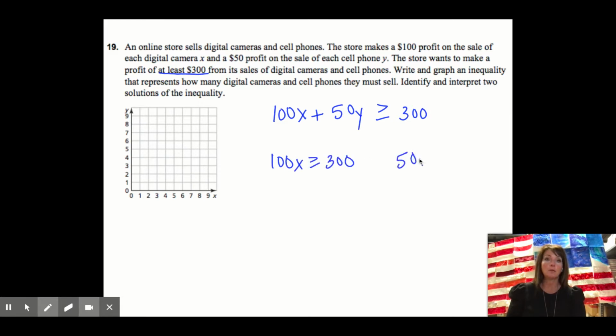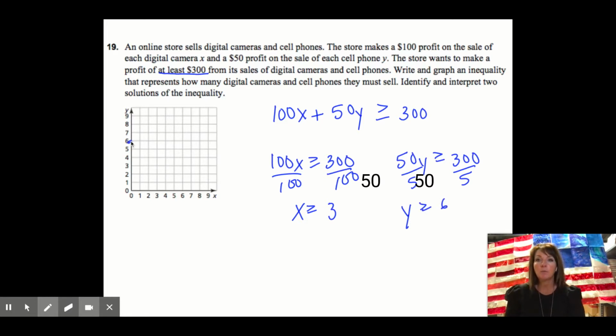These two equations need to be solved so that I know where it's crossing the y or the x axis. Here I'm dividing by 100, and I'll get that x is going to be at 3, and here I'm dividing by 50, and I'm going to get y is 6. So that means I have a point here, and I have a point here.